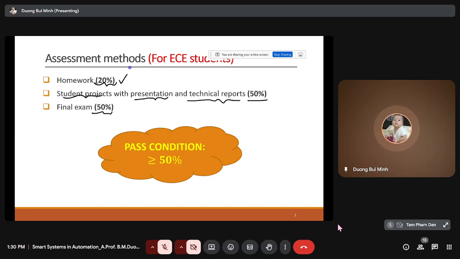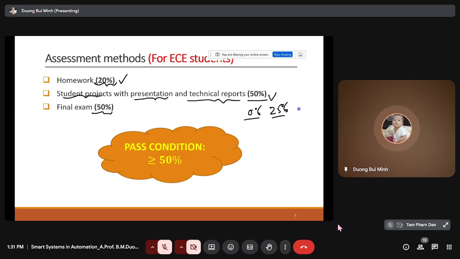So try to do the homework, try to complete your course project successfully, and then you can pass this course. If the results are incorrect, you get 0%. If the results are correct but not good, that means less accuracy, you get maybe half, 25%.